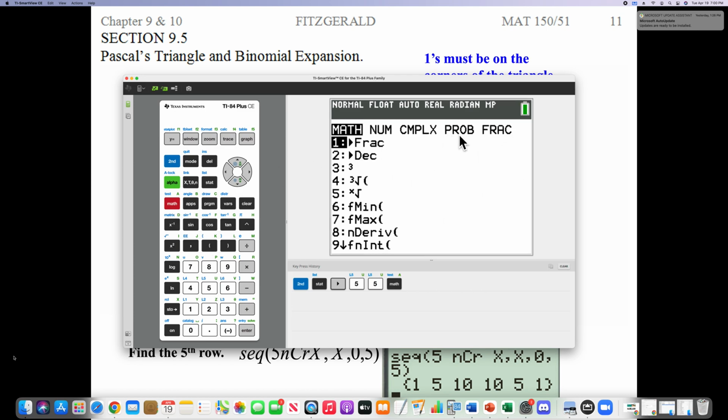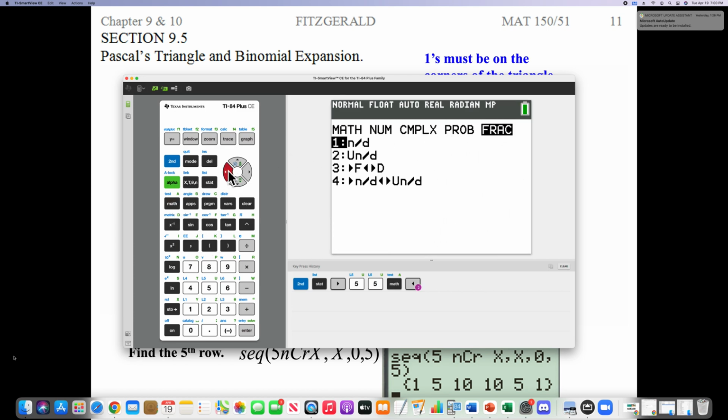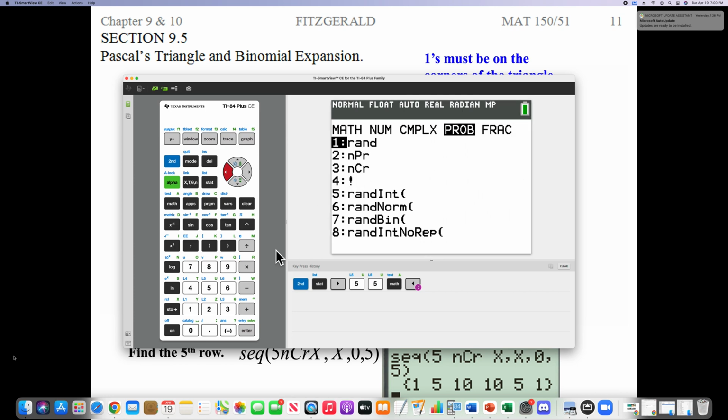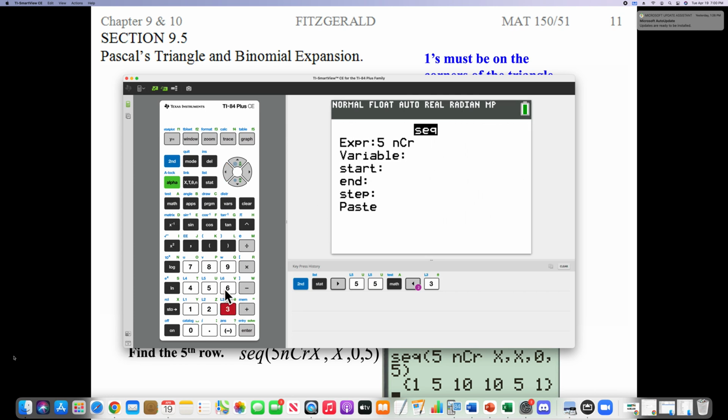Math, go over to probability, choose the combination number 3, x, that's my sequence function. What's the variable? X, enter. Where do I start? 0, enter. Where do I end? 5. These two have to match. And again, the step is what do we count by? We'll just say 1, enter.